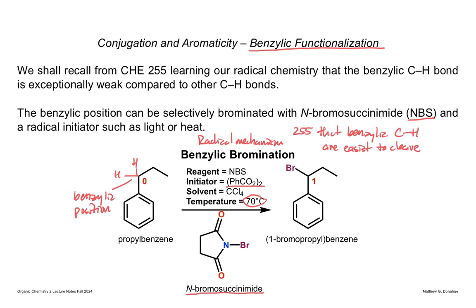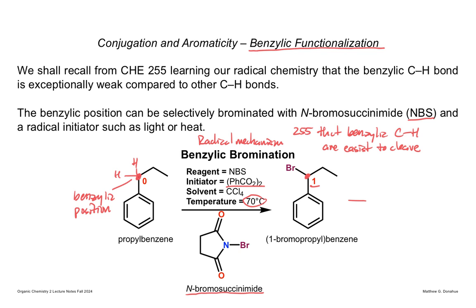So overall, you've taken a benzylic carbon at oxidation state 0, you formed a bond to a heteroatom, and so now it's increased in oxidation state to 1. And then just think about, okay, now you have a bromine, what can you do with that?